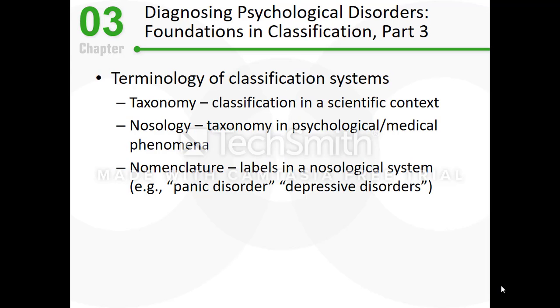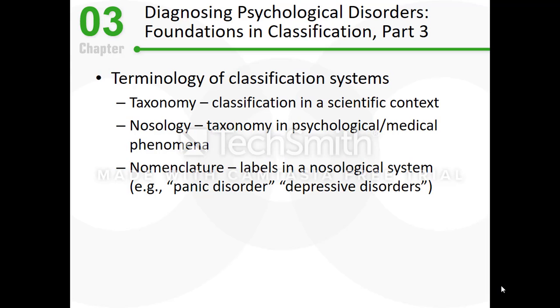In classification systems, there are different types of terminology representing those systems: taxonomies, nosology, nomenclature. A taxonomy is the classification in a scientific context. Nosology is the taxonomy in psychological and medical phenomena, and nomenclature is a label in nosological systems.